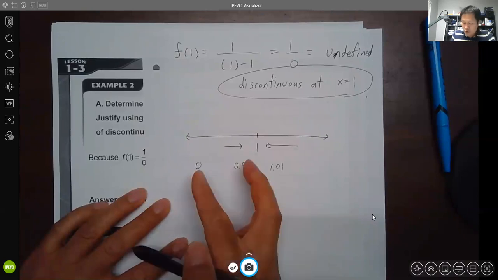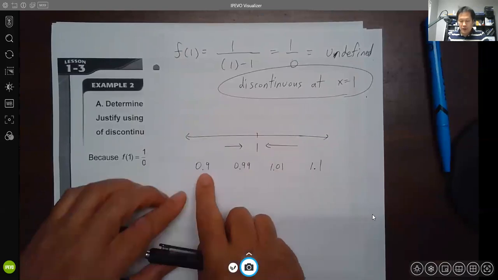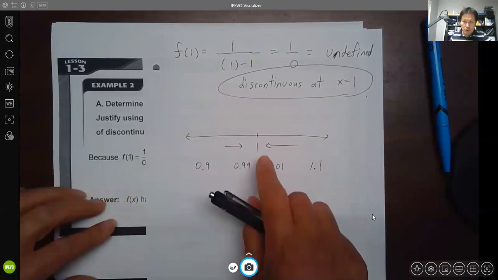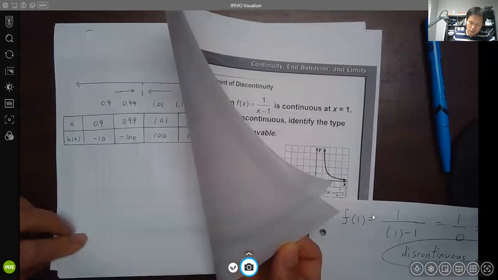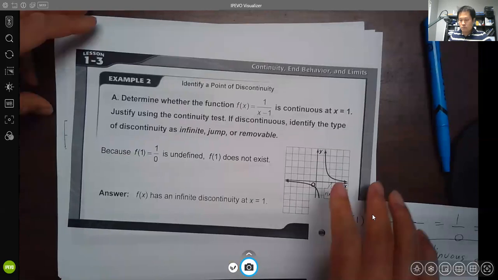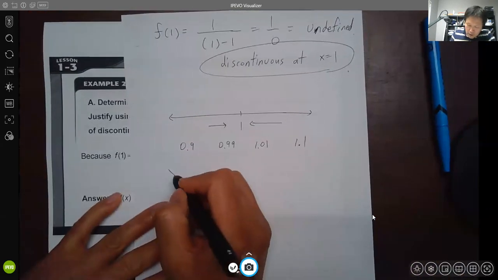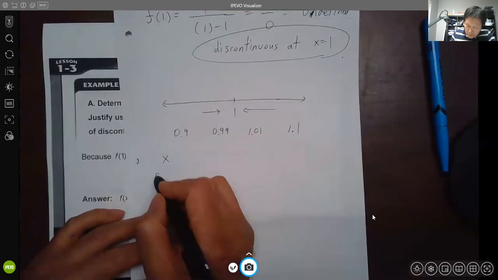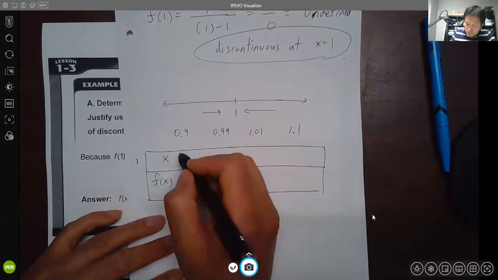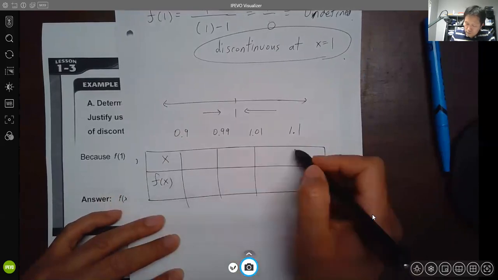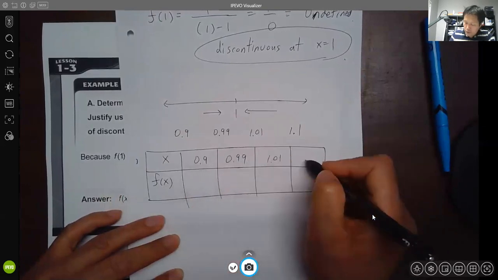And a 0.1 gap will be 0.9, 1.1. So you plug in the x values and try to get the y values. So x and f of x: 0.9, 0.99, 1.01, 1.1.